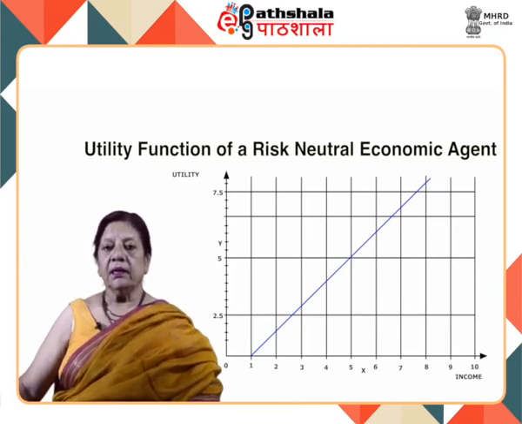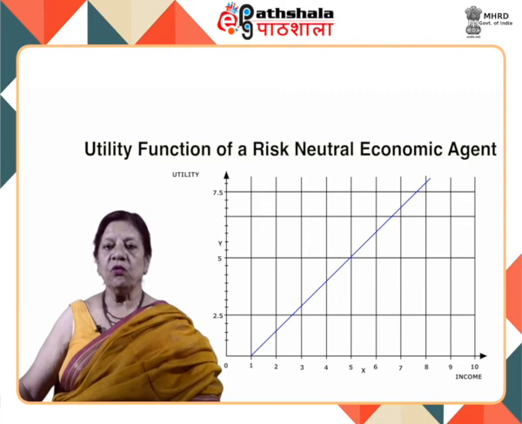Here again, the expected value of the outcomes is an expected income of 5 units, that is E[y] = (0.5 × 2 + 0.5 × 8) units = 5 units.